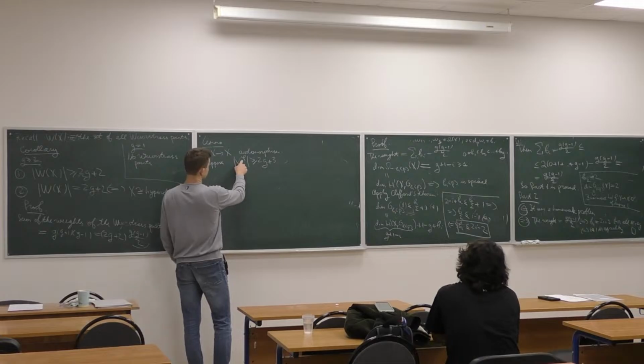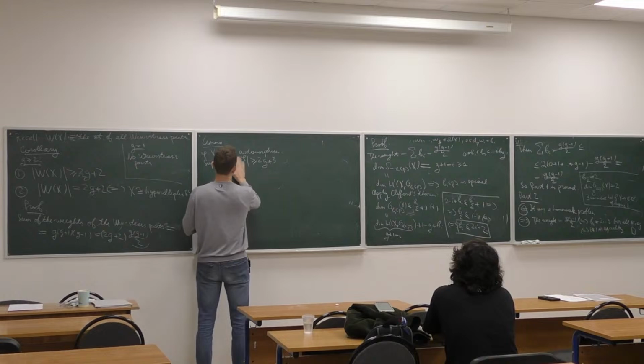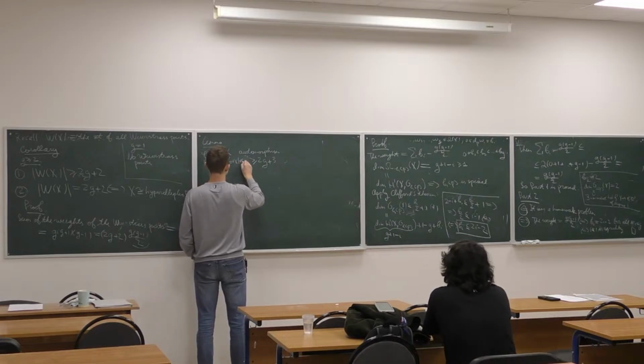When I write X^phi, I mean the fixed points of phi. I'm not sure whether this is standard notation. Okay, let me write. So you consider the points in X such that phi(x) is equal to x.